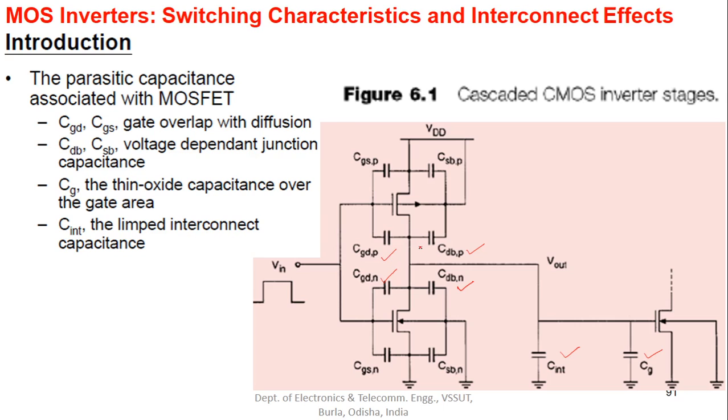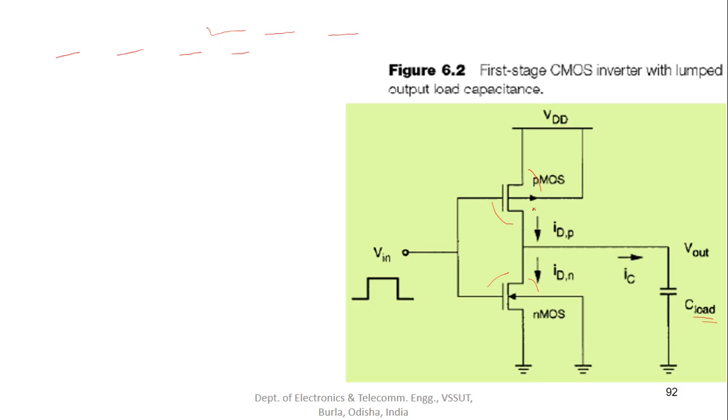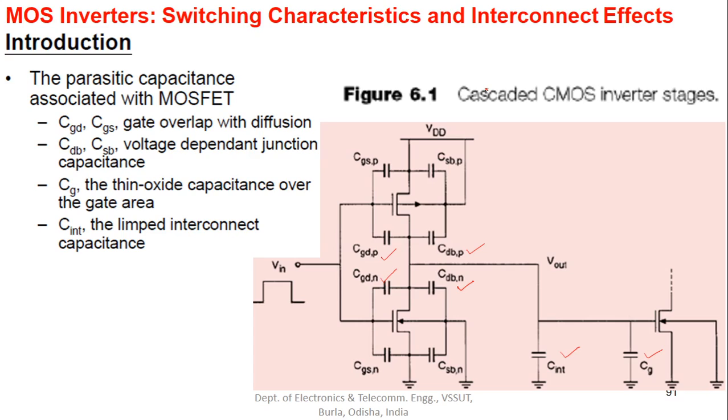Also the interconnect capacitance and the gate capacitance. And why not take CGSP and CGSN?